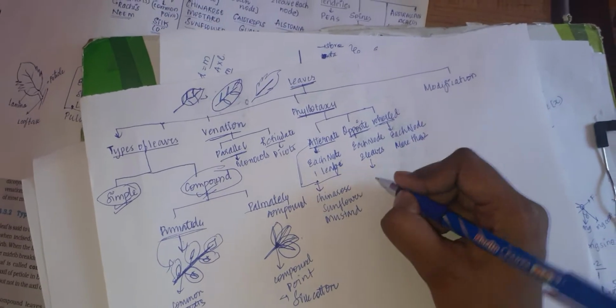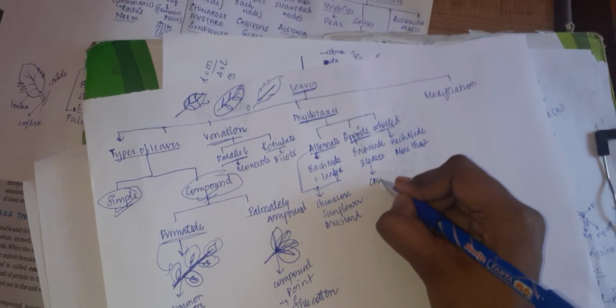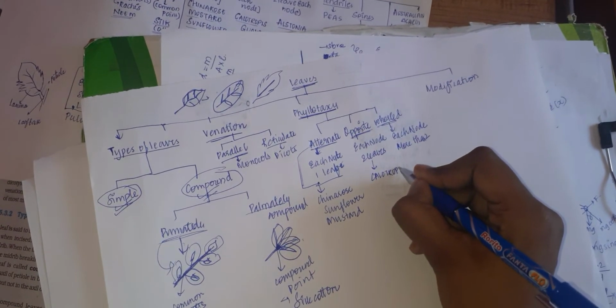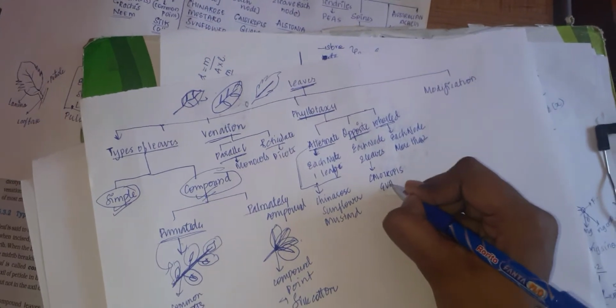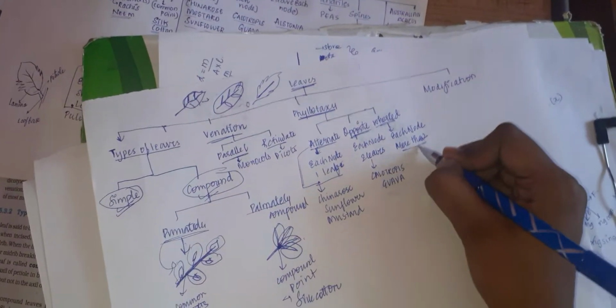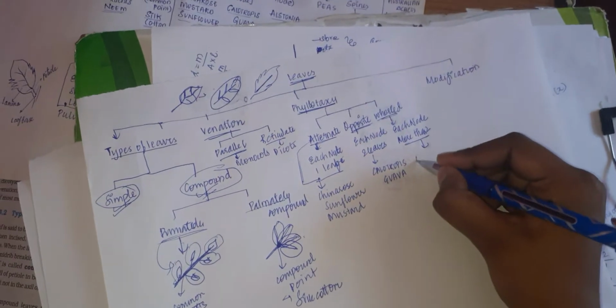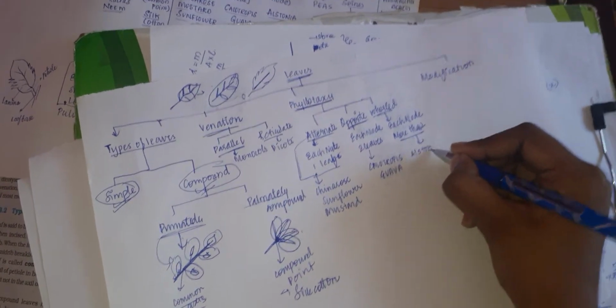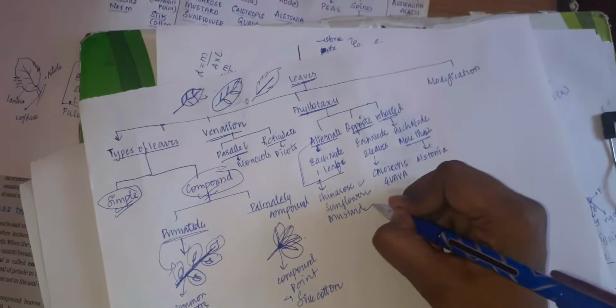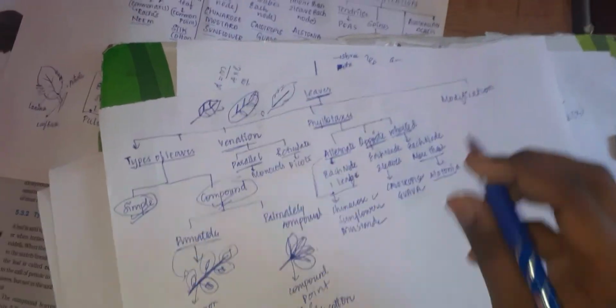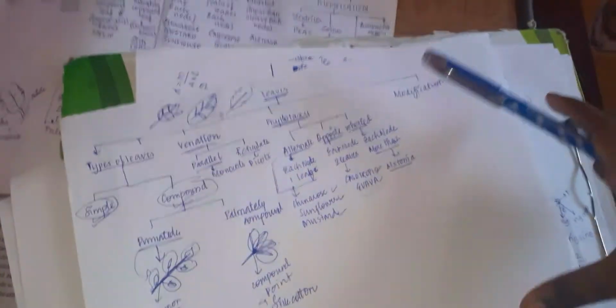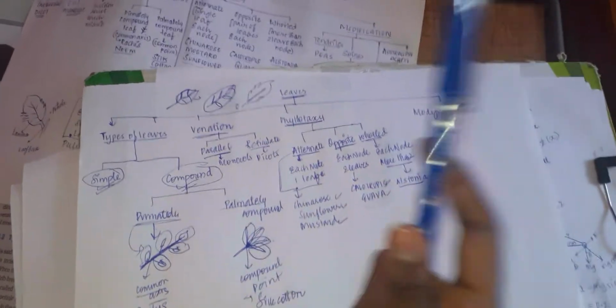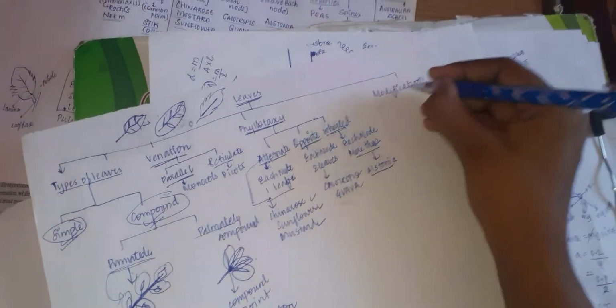Then opposite: Calotropis, guava. Then comes whorl: Alstonia. You have to remember this. Wait until the last. I'm going to give you a full clear-cut paper with all these topics in one. You can take a screenshot.